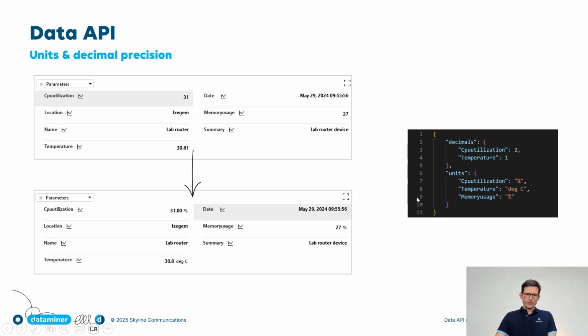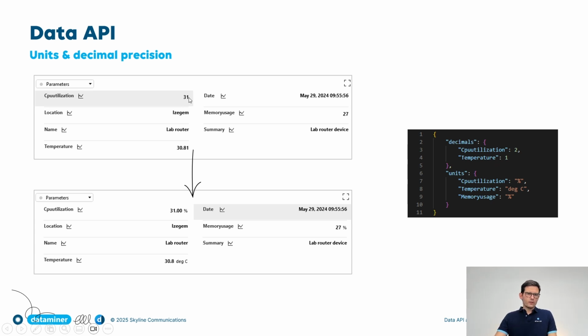in the element. So to the config endpoint, you do have to send a JSON. That JSON is no longer free form. There is some kind of scheme you have to use there. To configure the decimals, you have to mention decimals, and then you mention the parameter name, and you say, look, I want to have a precision of 2. Temperature, I want to have a precision of 1.